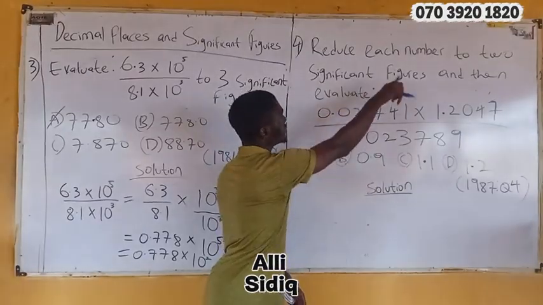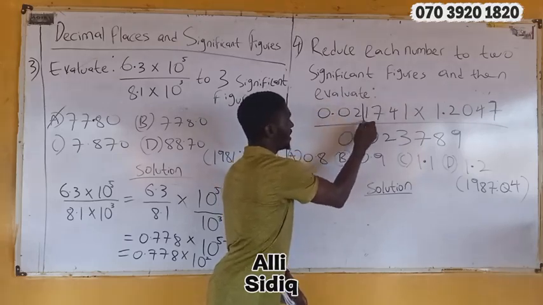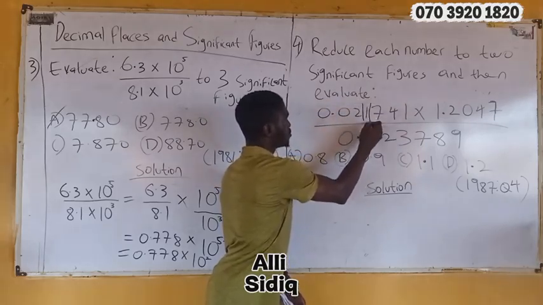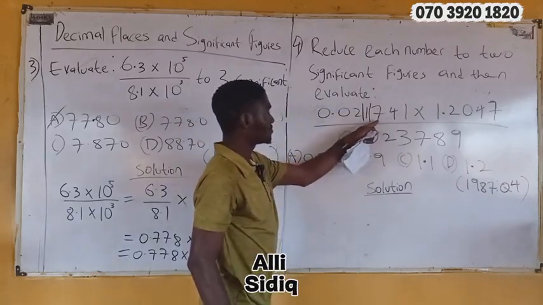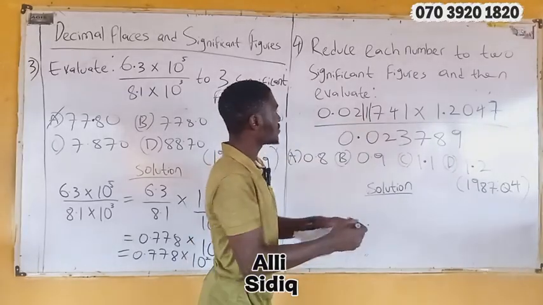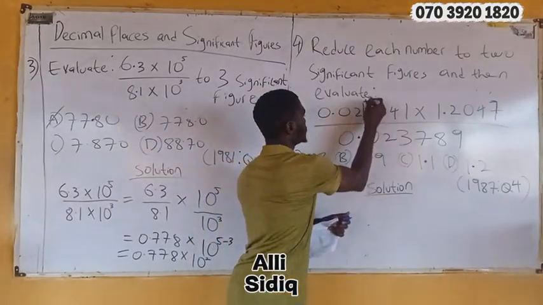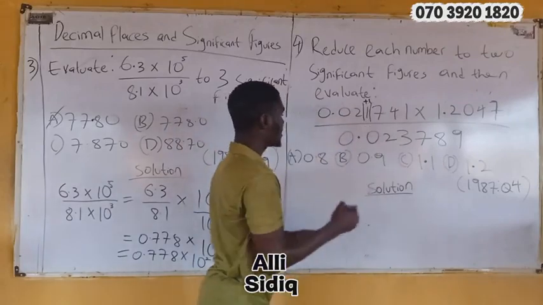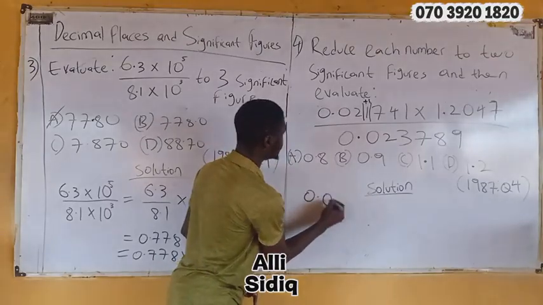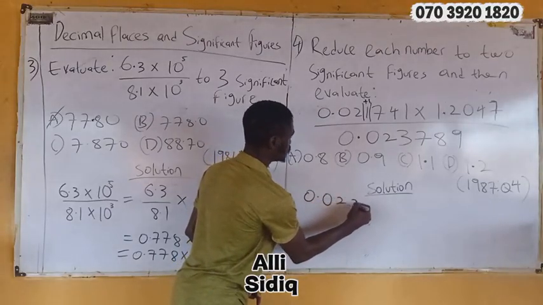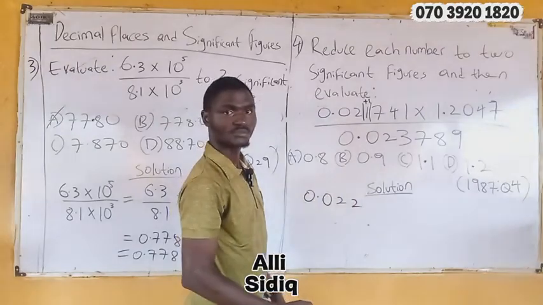Take note of it. 1, 2. So after drawing my boundary, I have 7 after my boundary, which means I'm going to add plus 1 to this one. So my answer will now be 0.022. Hope you understood.